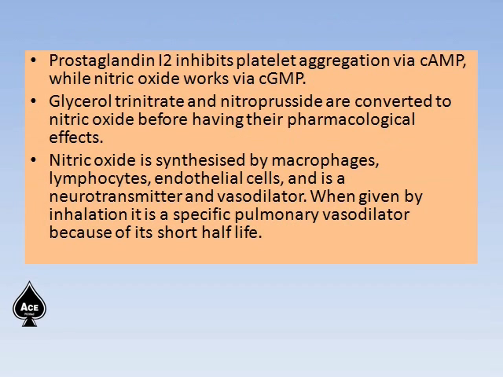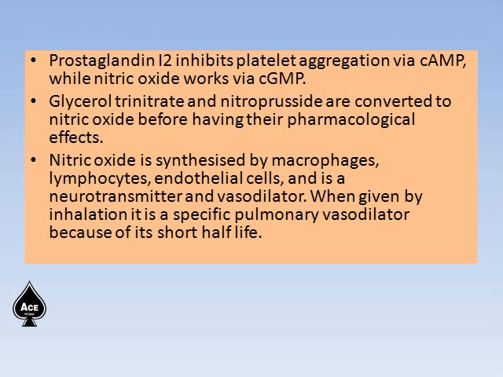Explanation. Prostaglandin I2 inhibits platelet aggregation via cyclic AMP, while nitric oxide works via cyclic GMP. So they inhibit rather than facilitate. Glyceryl trinitrate and nitroprusside are converted to nitric oxide before having their pharmacological effects. Nitric oxide is synthesized by macrophages, lymphocytes, and endothelial cells, and is a neurotransmitter and vasodilator.